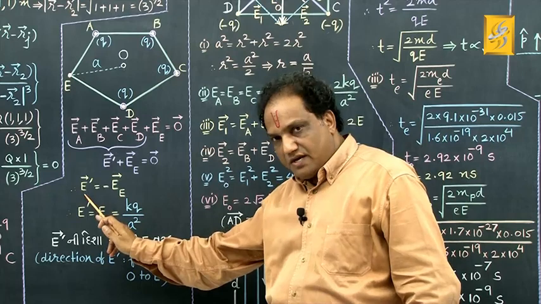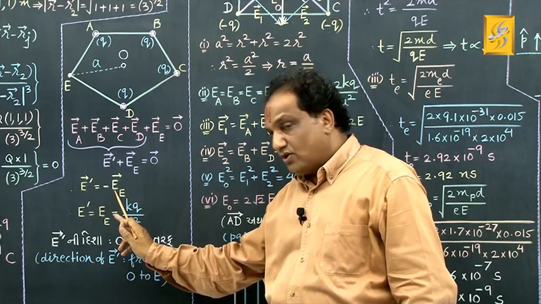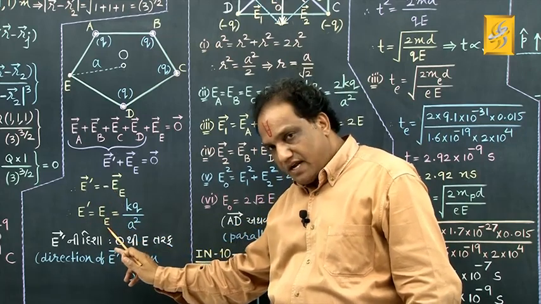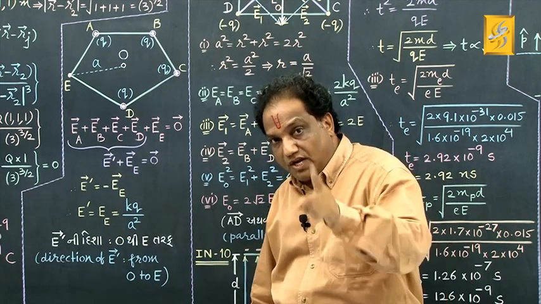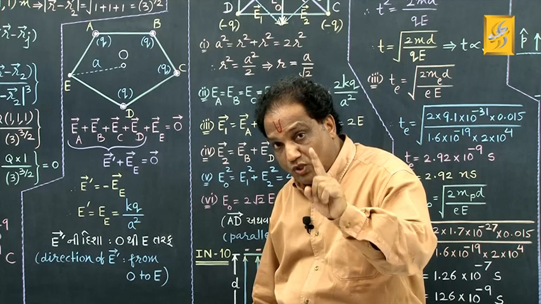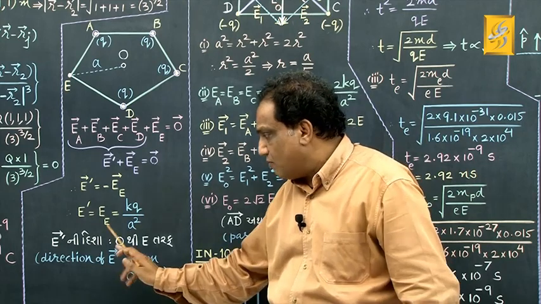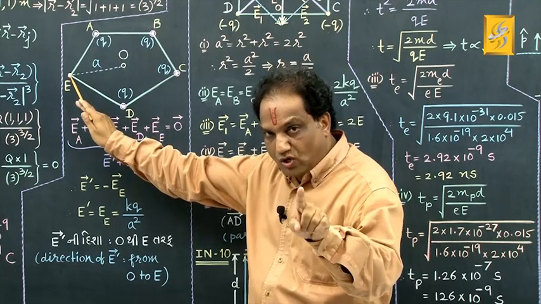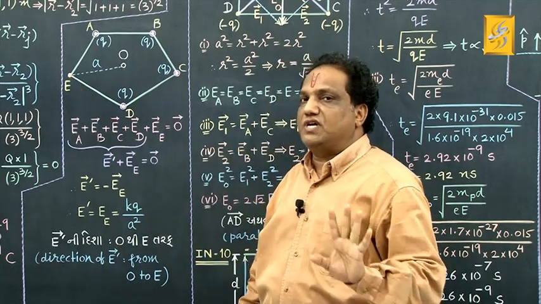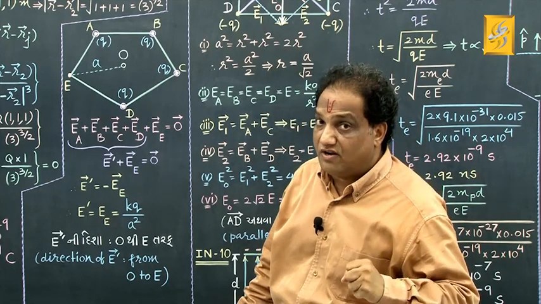When you take the magnitude here, it is E dash. When you take the magnitude here, it is EE. Correct? But what do you mean by EE? EE means the magnitude of the electric field produced due to a point charge placed at point E. Again, it is also small q only. And for a point charge, don't you know the magnitude of its electric field in words?